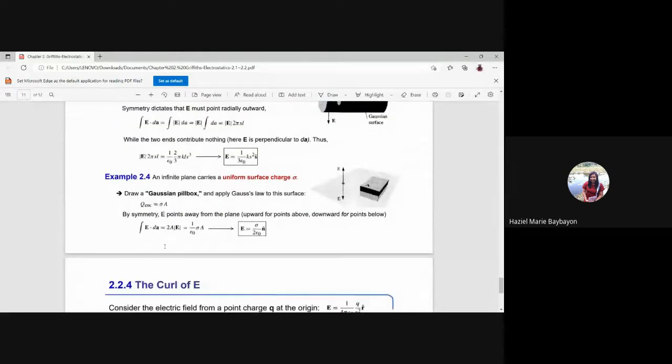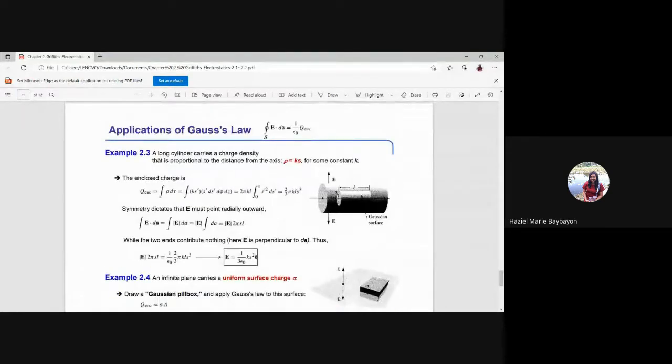Okay, so here is another example. A long cylinder carrying a charge density that is proportional to the distance from the axis. We are given rho, the volume charge density of the cylinder, equal to Ks for some constant k.